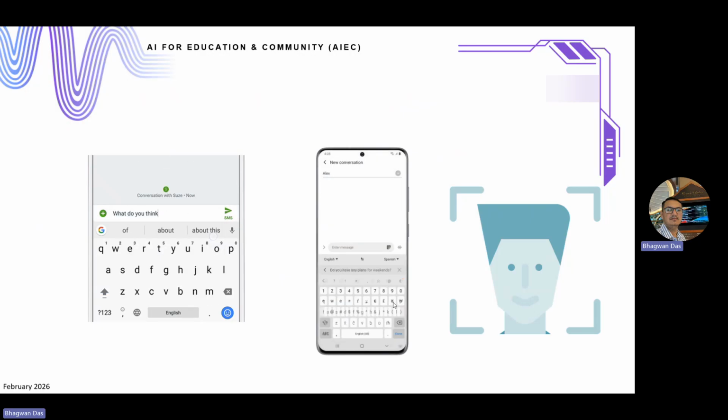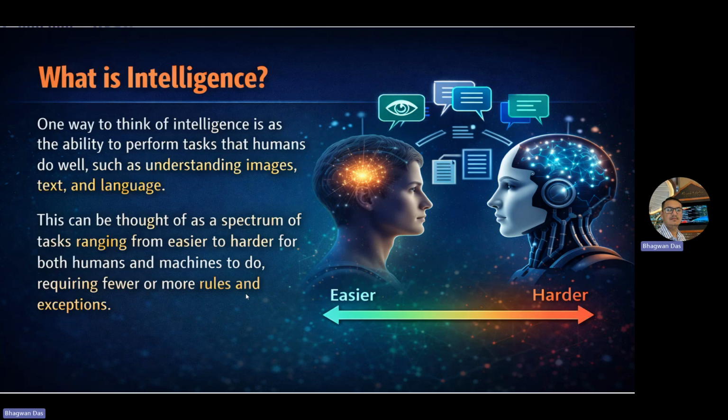If you are changing the situation, changing the circumstances, that becomes intelligence, not only artificial intelligence. Have a look at how artificial intelligence is different from intelligence itself. One way to think of intelligence is the ability to perform tasks that humans do well, such as understanding images, writing text, and understanding language.